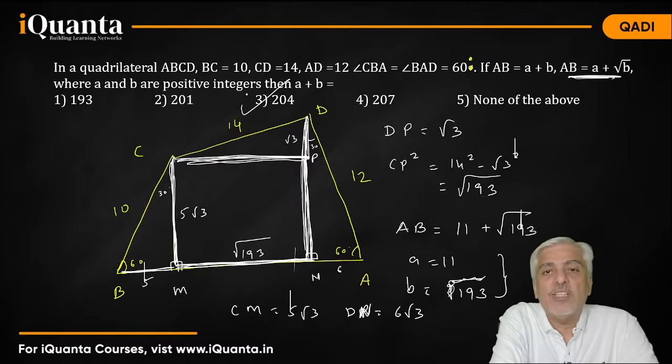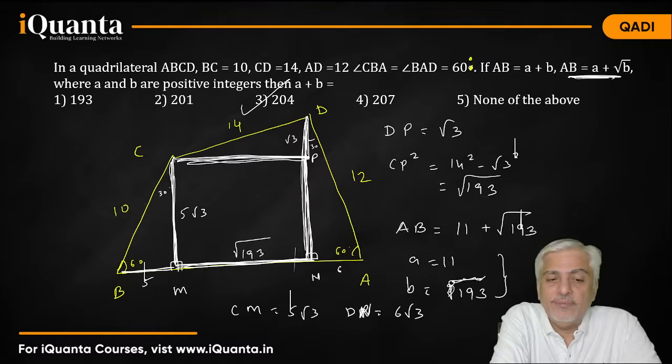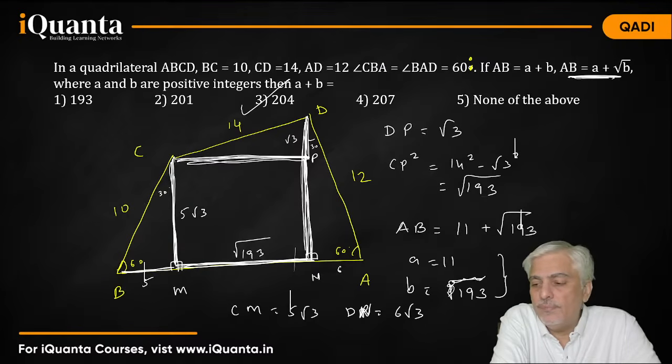Check properly whether you all have understood. It finally was usage of the 30-60-90 theorem, but it had to be used carefully, and the question was well framed. Everybody clear? Quickly check and let me know if everybody is clear.